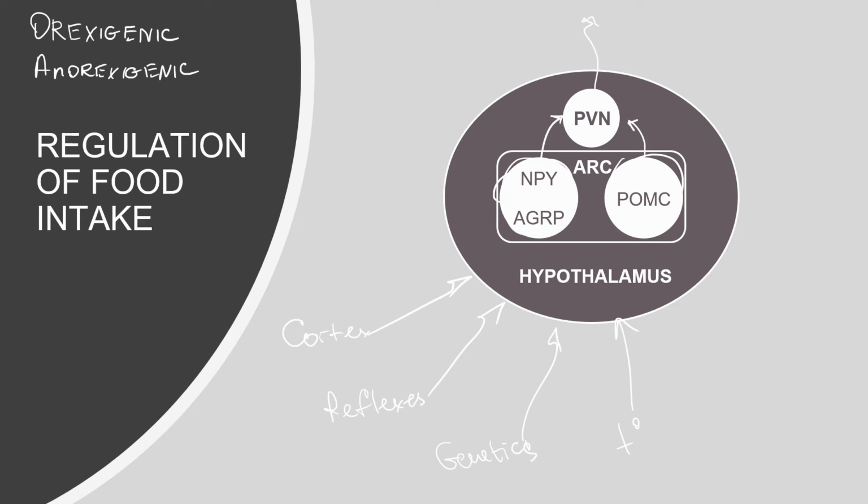Activity of glucostatic cells in the hypothalamus itself: these cells are actually sensing the amount of glycemia, and if we have lower glucose in our blood, or if we have higher glucose, the amount of glucose leads to activation or deactivation of a food intake center.